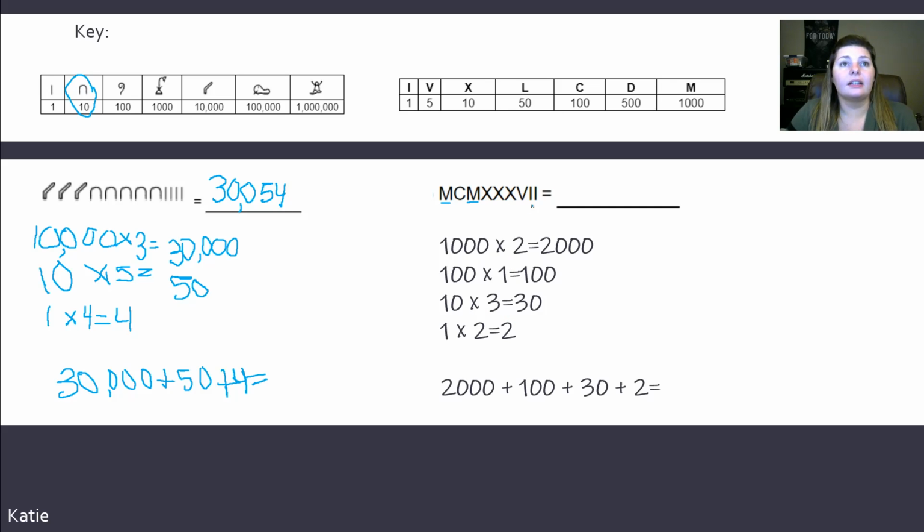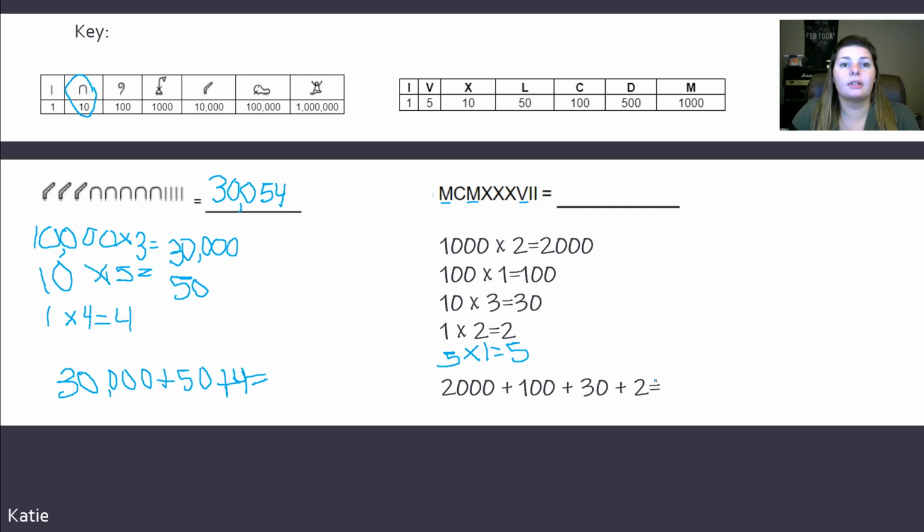And then, let's see. You know what I missed is V. V equals, that's fine though, we can just place it down here. V equals 5. 5 times 1 equals 5.